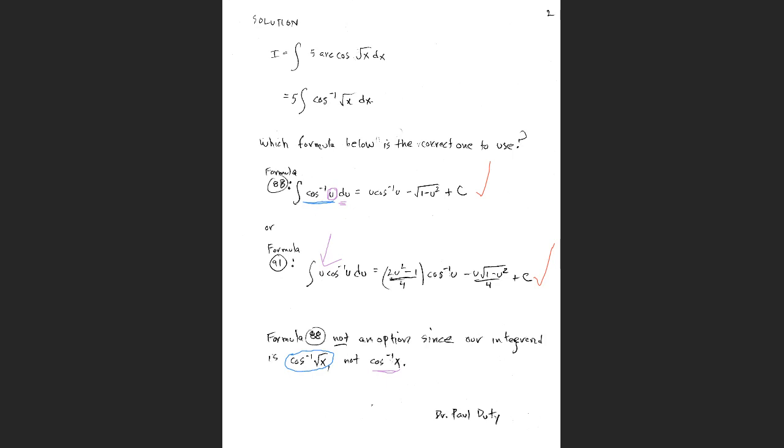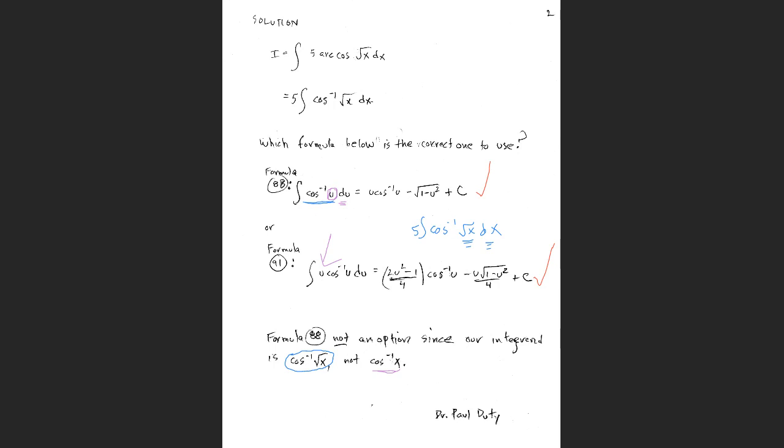For our integral, we have 5 times the arc cosine of the square root of x dx. So we don't have x dx, we have square root of x dx. So formula 88 won't work. We're going to have to try formula 91.